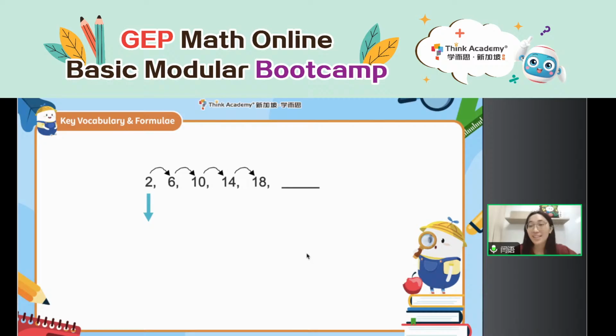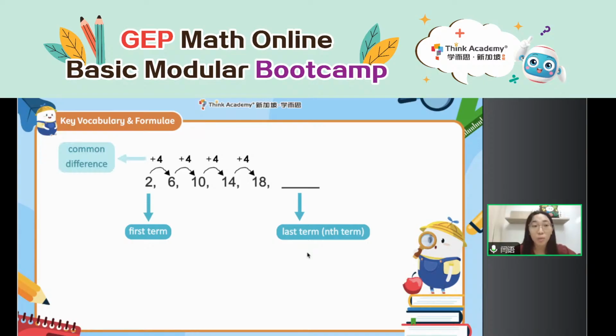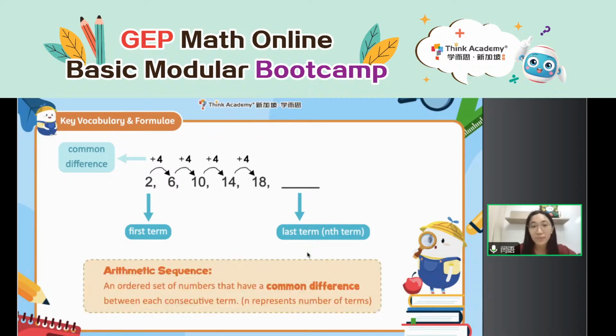So here, we call such a number sequence an arithmetic sequence. For the first number, we call it the first term. For the last one here, we call it the last term or nth term. What about the plus 4, plus 4, plus 4? Here we call them the common difference, okay? Then following this, let's go back to the definition of arithmetic sequence.